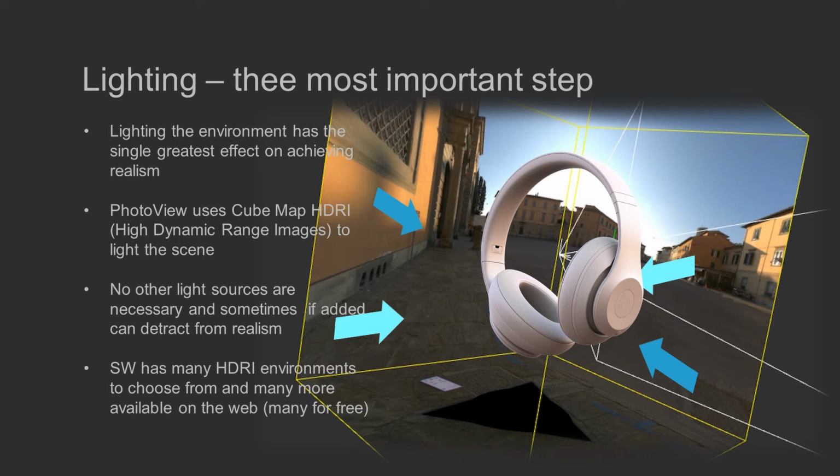So it's a high dynamic range image that is mapped into a cube around your actual 3D object. All the lighting in your scene that is photo rendered is coming from that HDRI image.